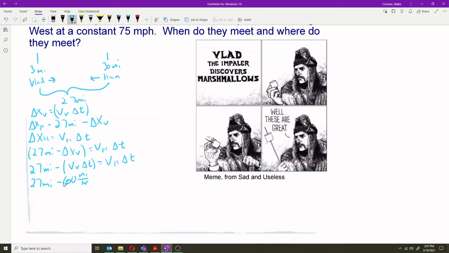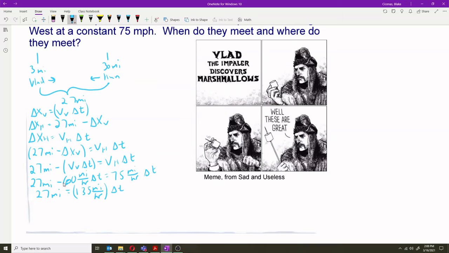So 27 miles minus 60 miles an hour delta t equals 75 miles an hour delta t. You need to get your deltas to one side. Sounds like I'm talking about lifting. Deltas. 27 miles equals 60 plus 75, and that's 135, so 135 miles an hour delta t.